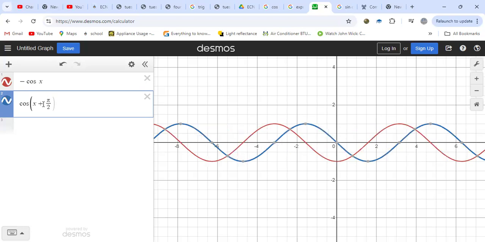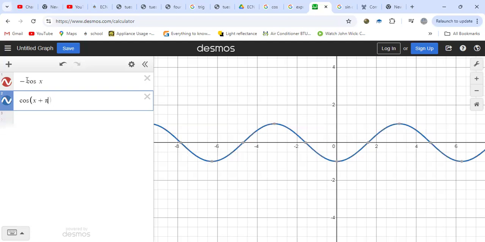So what we learn is, if you want to get rid of a minus cos, or basically just get the minus out of it, you can either add 180 degrees to the x inside the bracket, or you can subtract. Cool. So you just learned how to get rid of a minus in front of a cos.